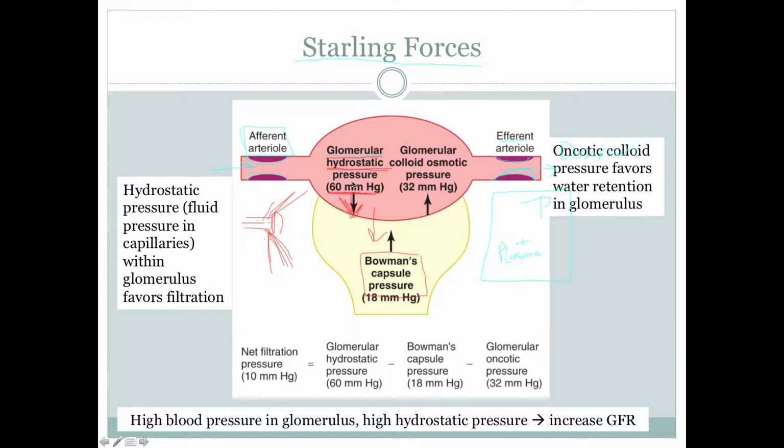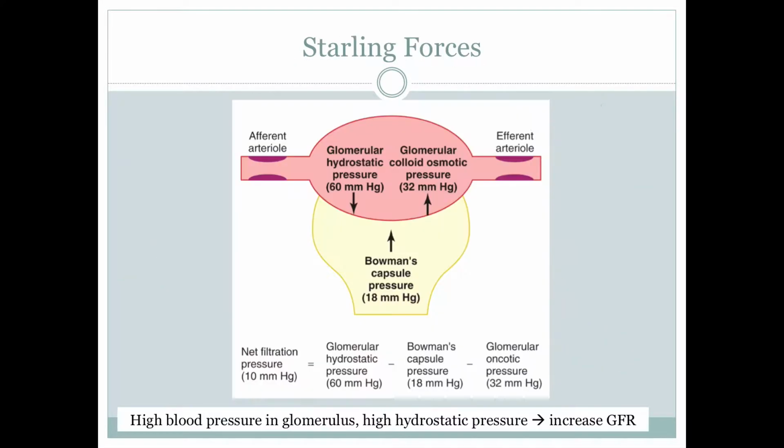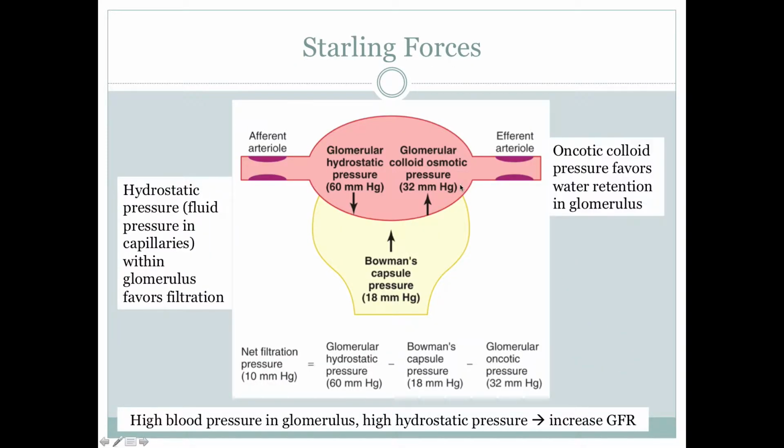Then we have the final pressure, which is oncotic colloid pressure. And this is where we get back into the Donnan effect. Oncotic colloid means the pressure exerted by the colloids in the blood, which are proteins.